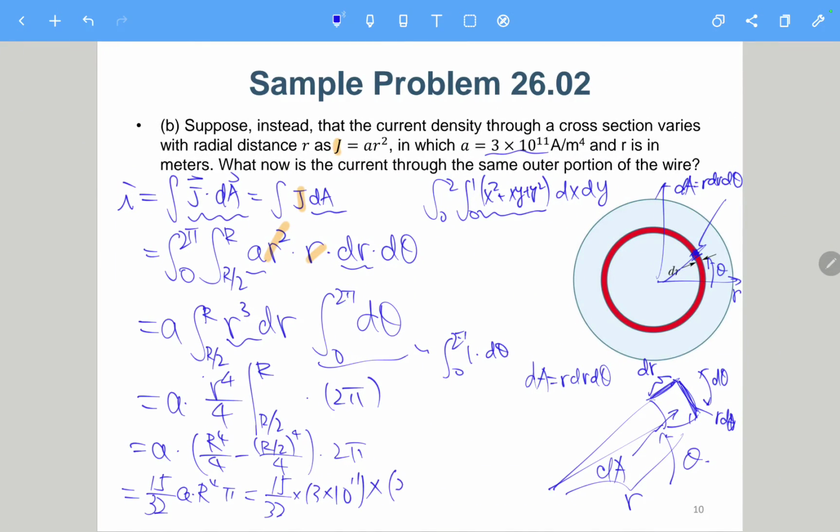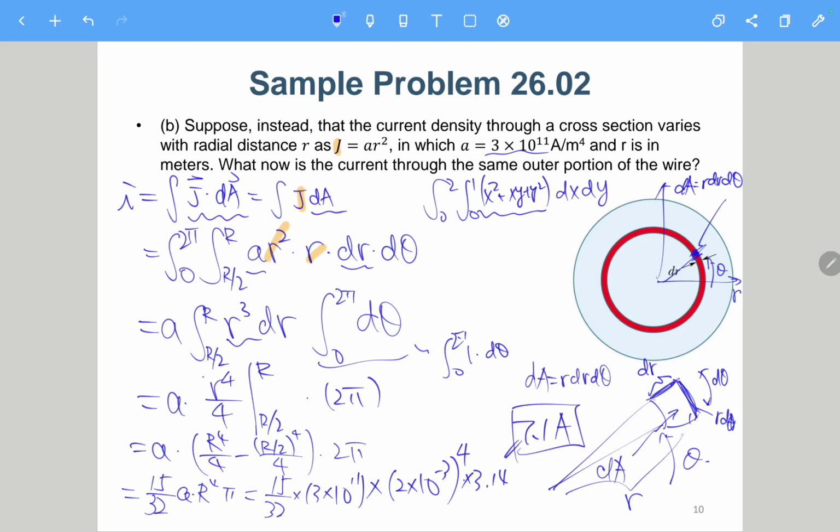So this is 2 times 10 to the minus third power, to the fourth power, and then times 3.14, and this number is 7.18.